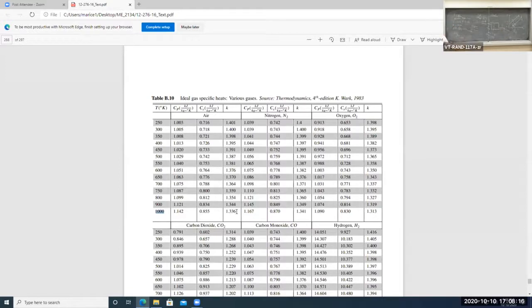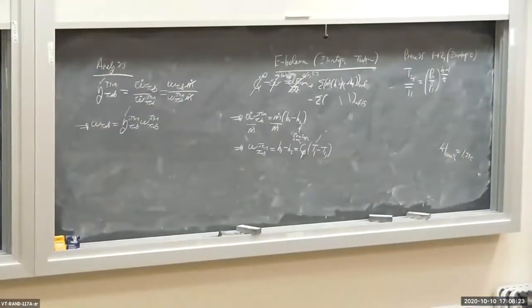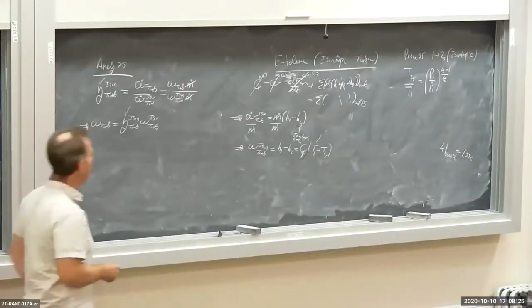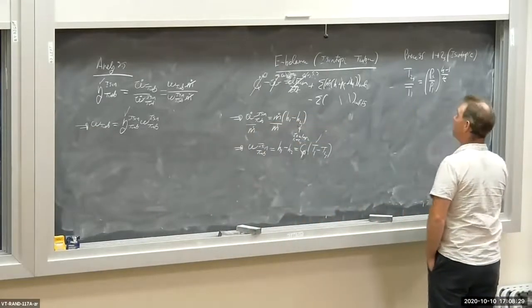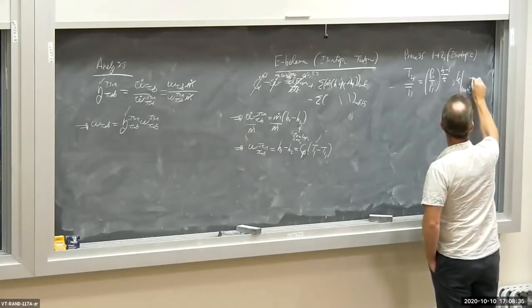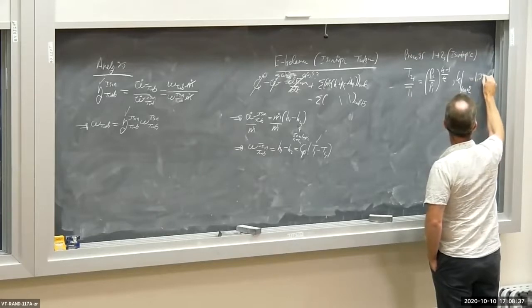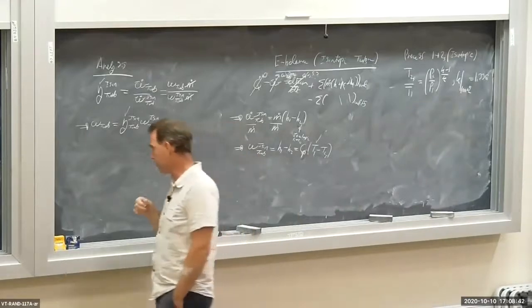I need to turn off the share. So K at 1,000 degrees is 1.336. K evaluated at 1,000 degrees Kelvin is 1.336. And that's from table B10.